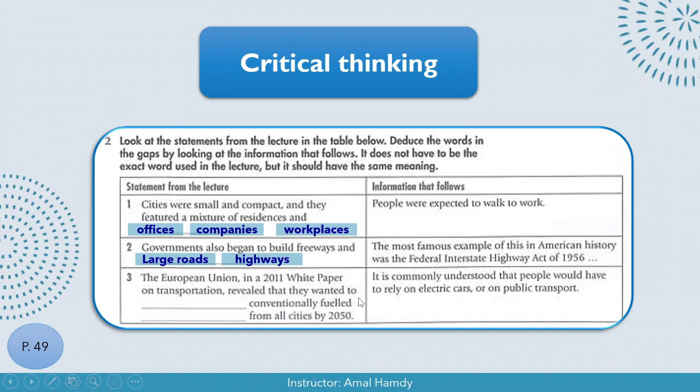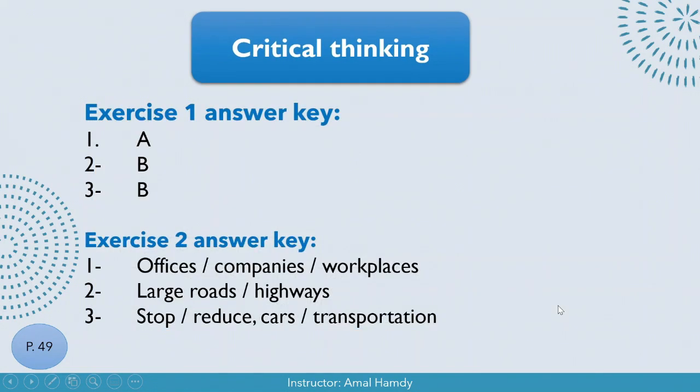What did they want to do? They wanted to stop or to reduce conventionally fueled cars or transportation. And we can deduce that from the information that follows because he mentioned electric cars or public transport. So he wanted to reduce the amount of conventionally fueled cars. So these were the two exercises that tested your critical thinking and were related to listening number 1.